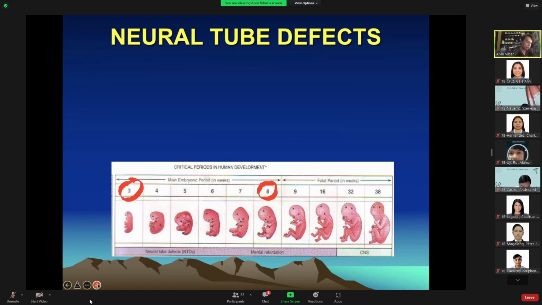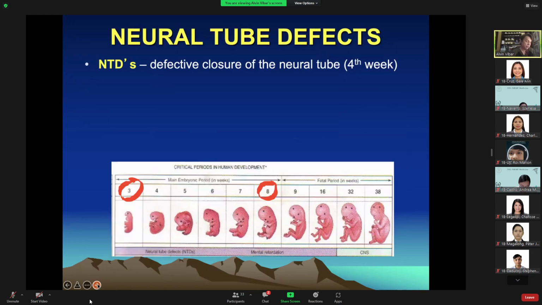The most critical period of human development. And what is the reason behind that? This is the period of organogenesis, meaning to say, this is a time period wherein the different organs will be formed. And one of those will be the nervous system. Take note that neural tube defects, defective closure of the neural tube, usually occur at the 4th week of human development.